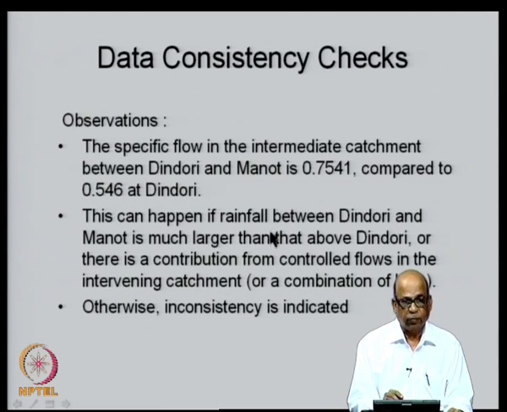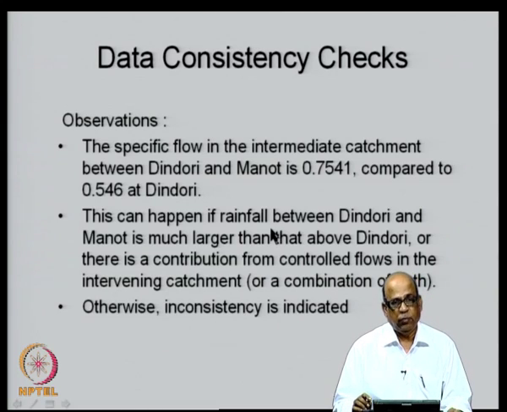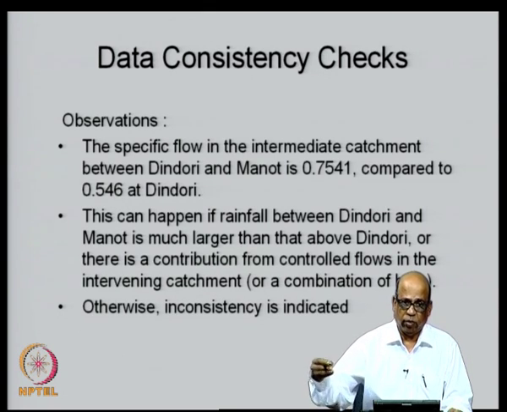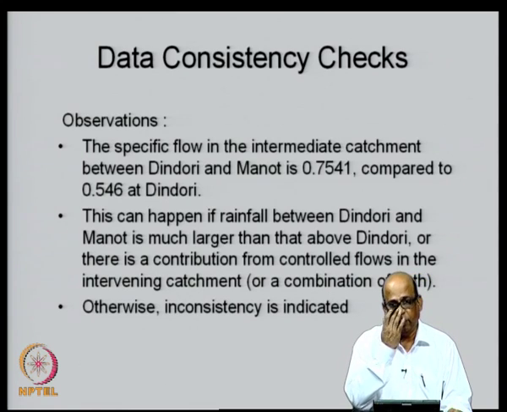This can happen, as I just mentioned, if the rainfall between Dindori and Manat, that is the catchment area between Dindori and Manat, is much larger than that above Dindori, or there is a controlled flow that is coming. Maybe there is a small reservoir or some such thing which is letting in water, and that is why the intermediate catchment specific flow is larger. If neither of them is correct from the data, then inconsistency is indicated.